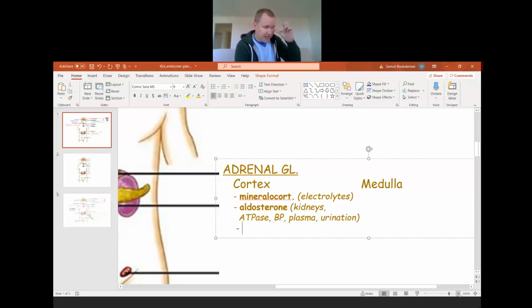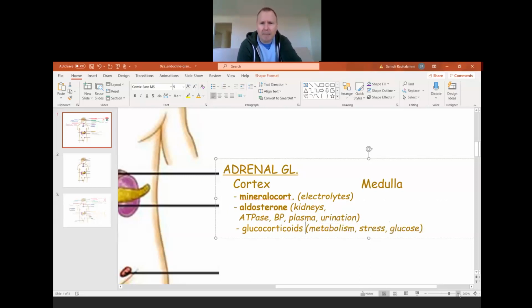And I also want to mention as the last one, the glucocorticoids. Glucocorticoids really play a major role in the control of metabolism, control of stress or stress responses, and of course glucose regulation as well.